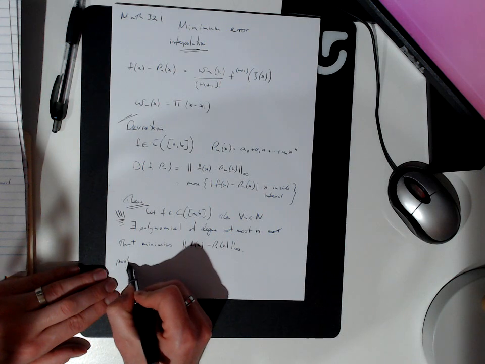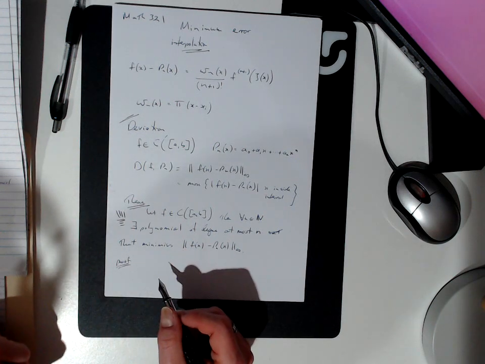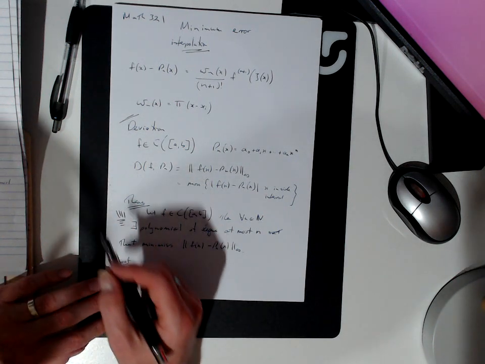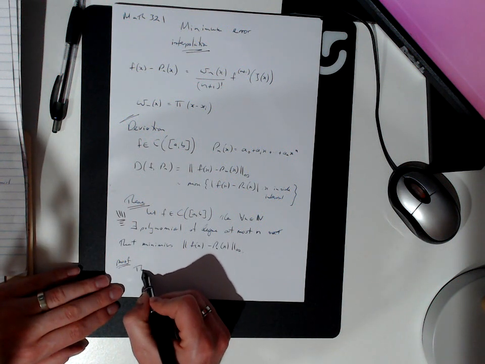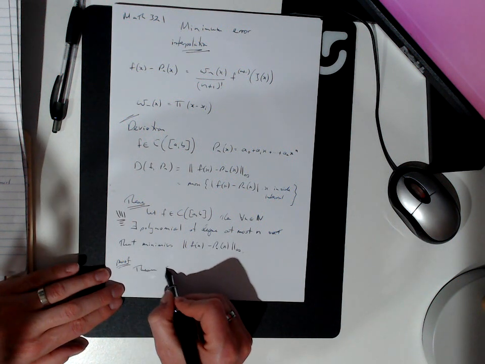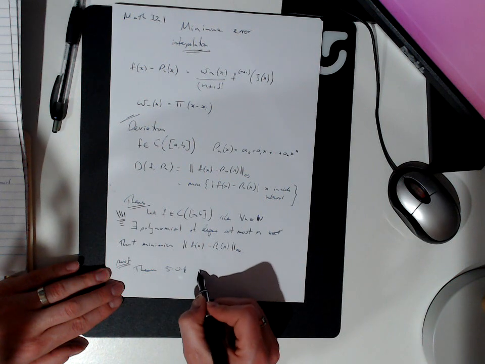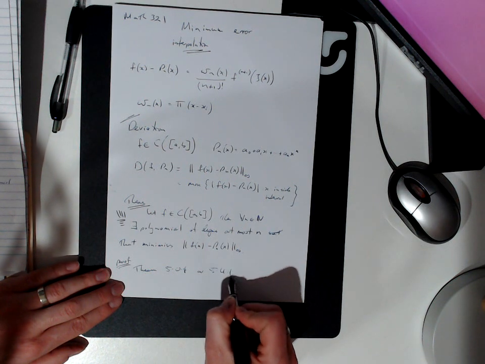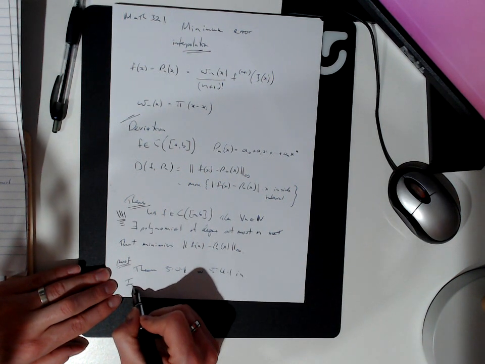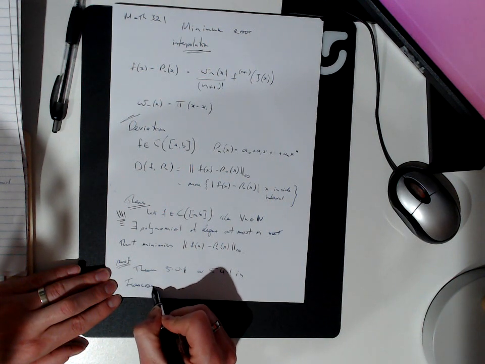The proof is rather long-winded and isn't particularly informative based upon what you've seen already. So if you do want to have a look at the proof, then go check out theorem 5.4.1 in Isaacson and Keller.